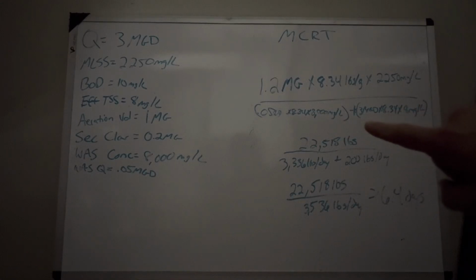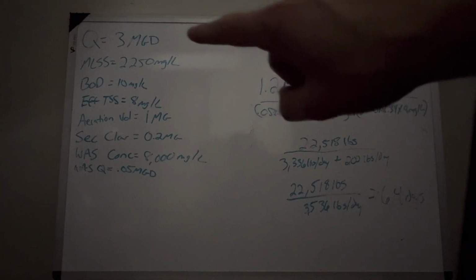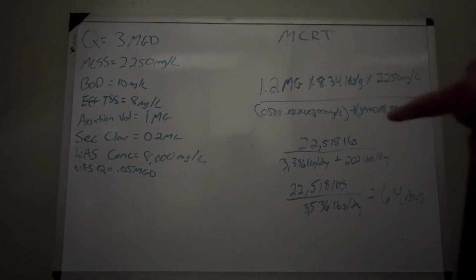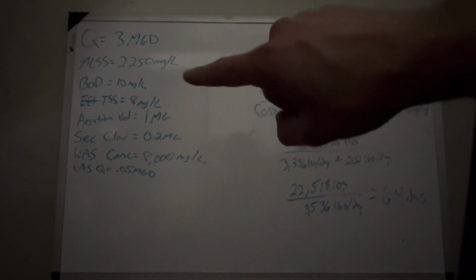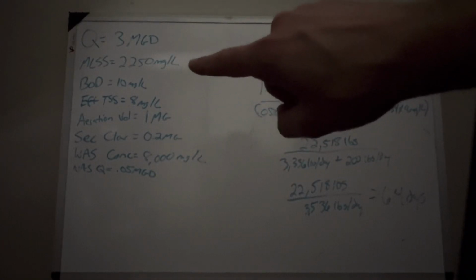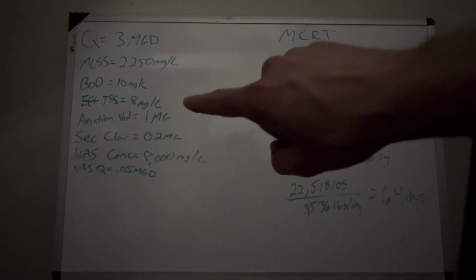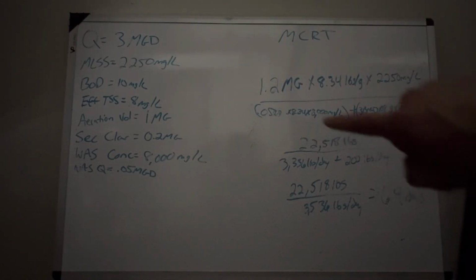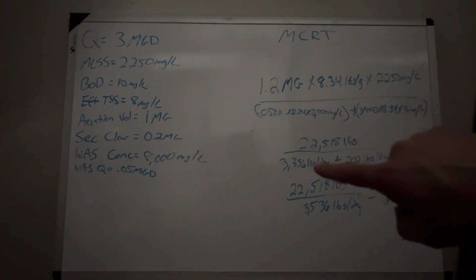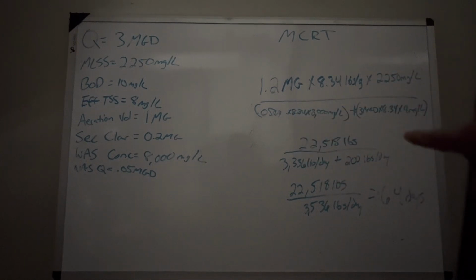And I've got to add that to my plant flow, 3 million gallons a day, times 8.34. Notice a pattern. Times my effluent TSS. My effluent BOD is irrelevant, means nothing. We're talking about TSS here, of 8 milligrams per liter. Okay, so this right here comes out to 3,336 pounds per day plus 200 pounds per day.